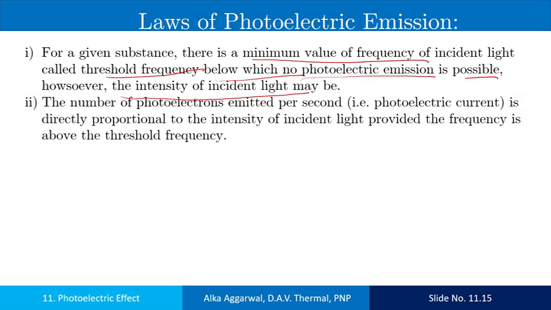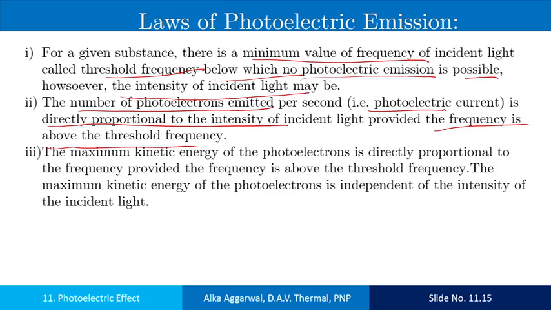The second, the number of photoelectrons emitted, that is the photoelectric current, is directly proportional to the intensity of the light, whatever be the frequency. Okay, but it should be more than the threshold frequency.